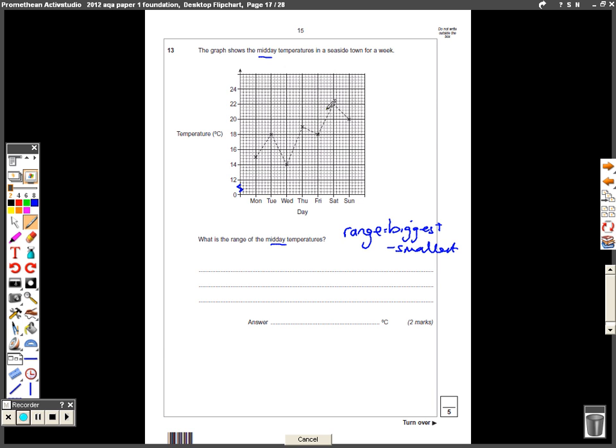Well, the highest is that one and the lowest is that one. So the range is going to equal, I'll read off, that comes over to 22, and the lowest is 14, so 22 take away 14, and 22 take away 14 is 8.